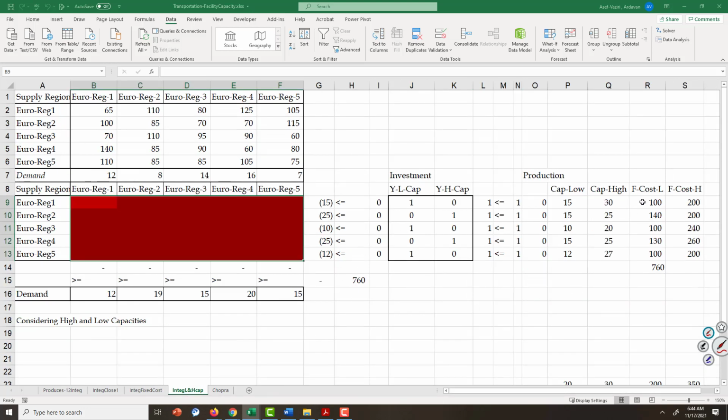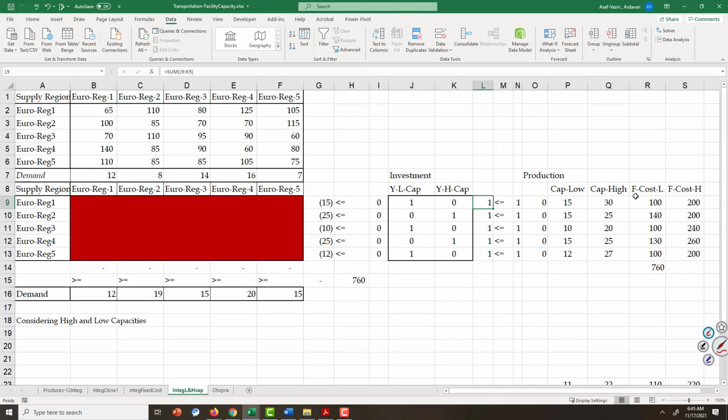Now suppose each plant can operate at two different capacities, low capacity and high capacity. And suppose we have the operational cost of each capacity. Then we define additional binary variables. These binary variables are related to low capacity, and these binary variables are related to high capacity.